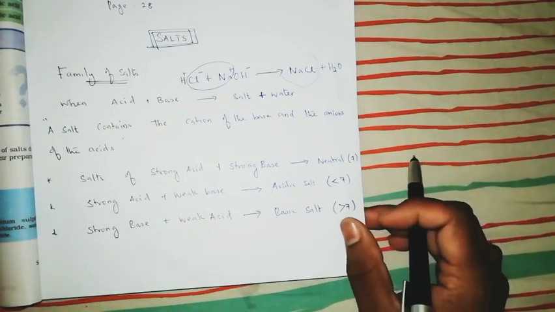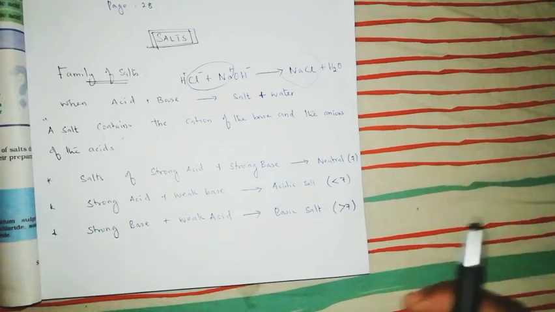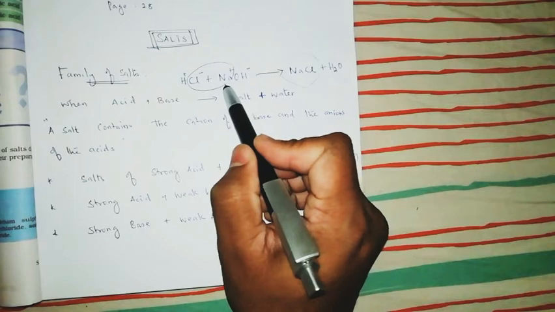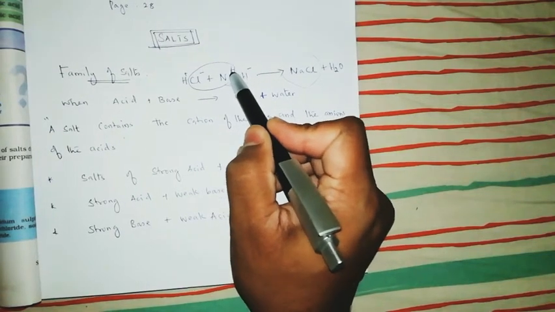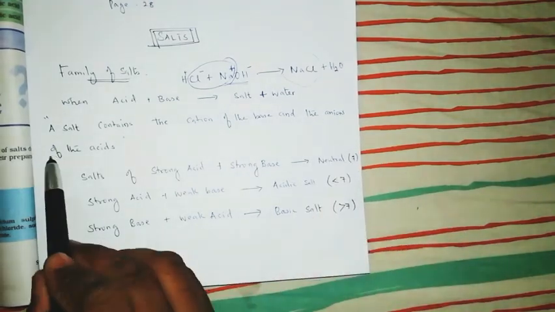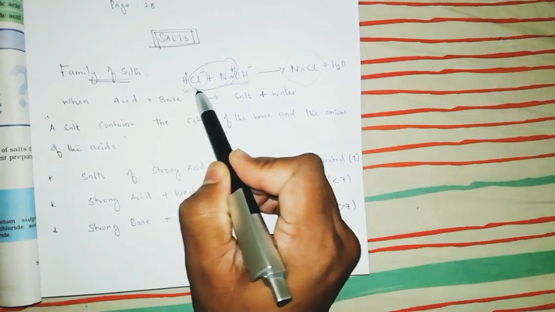Okay, so it consists of a cation and an anion. That means the salt contains the cation of the base. So this is the base. See, it takes the cation of the base, the positive of the base, and the anion of the acid. So this is the anion of the acid.